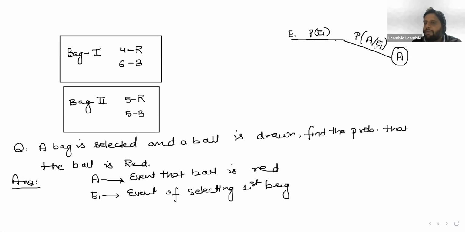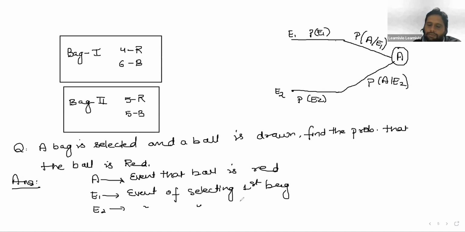So we will write A by E1. That means E1 has already occurred. We have already selected the first bag, and from the first bag, we are selecting a ball. Similarly, E2: we will select a bag, so P(E2), and from this, we will select a ball. So this will be P(A|E2). E2 is the event of selecting the second bag.